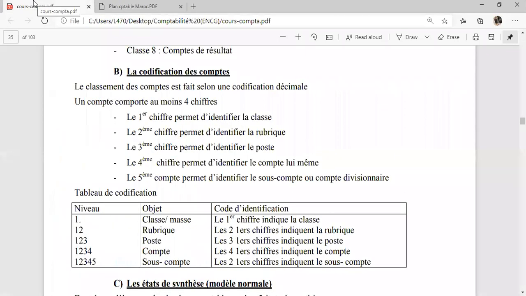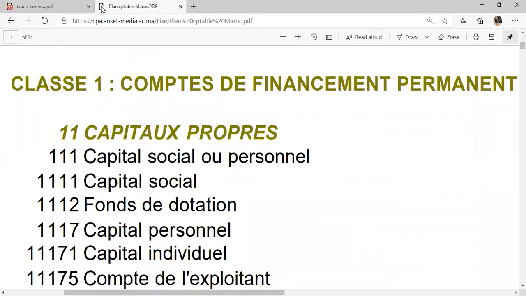So, are we clear with the codification? Because this is really important. You have to memorize this. In my case, for the first semester, other people are allowed to go with the book, like the economics students can go with the plan comptable.